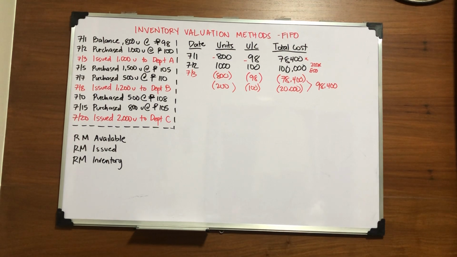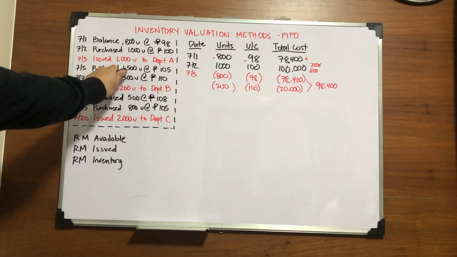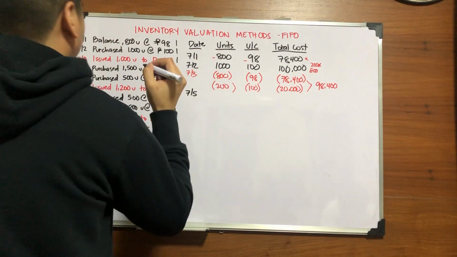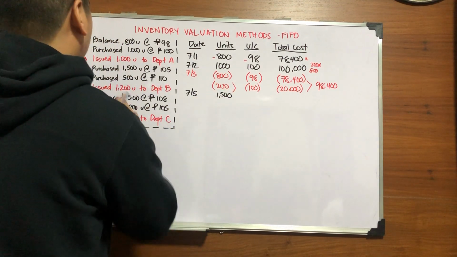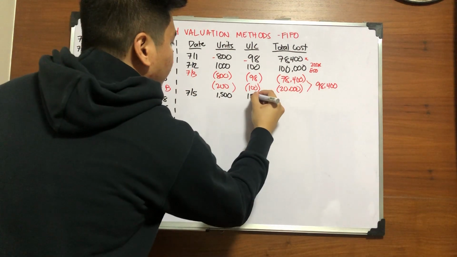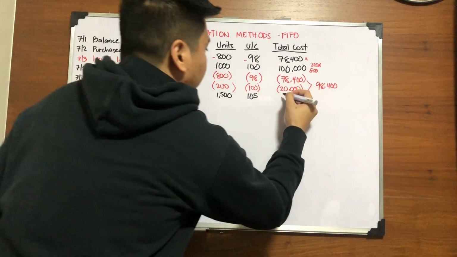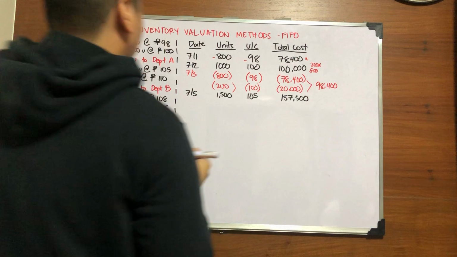So simply multiply the units purchased times the unit cost: 1,500 units multiplied by 105 gives me 157,500.